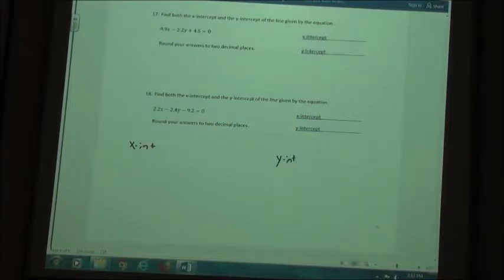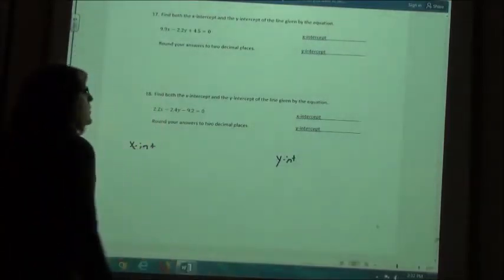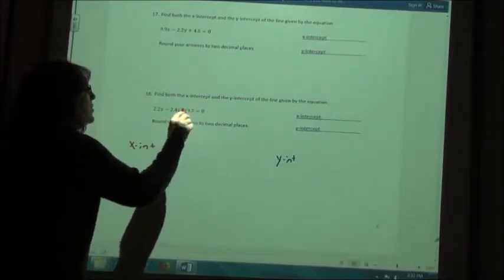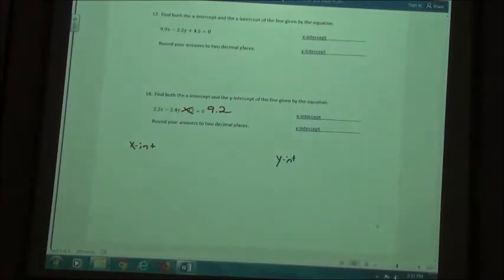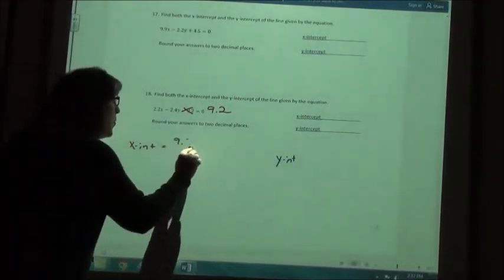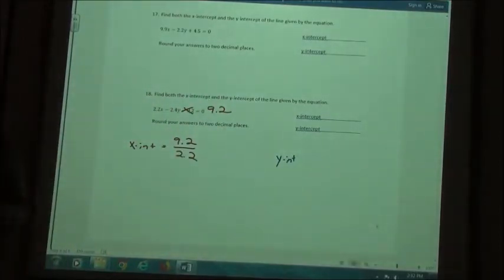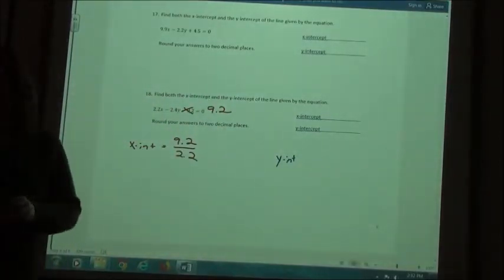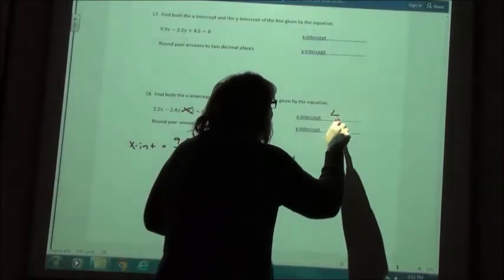Yeah, exactly. So you probably started by moving this to the other side, so you'd have a positive 9.2 over there. My x-intercept, I did 9.2 divided by 2.2, so my answer was, I know you had answers, I walked by and looked, 4.18.